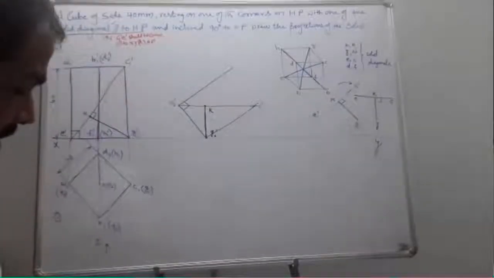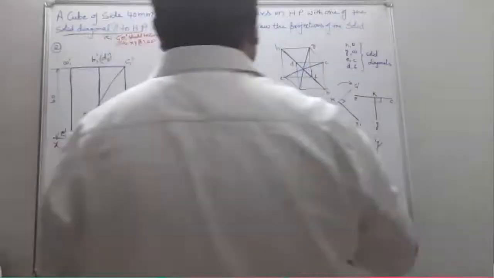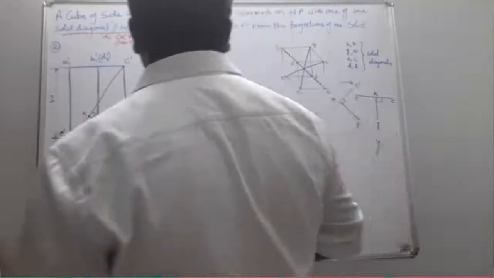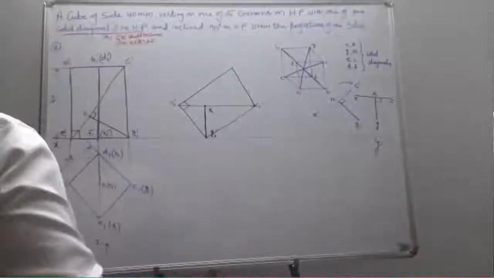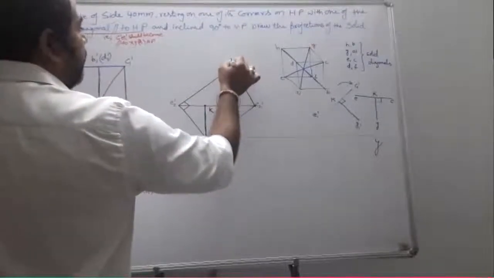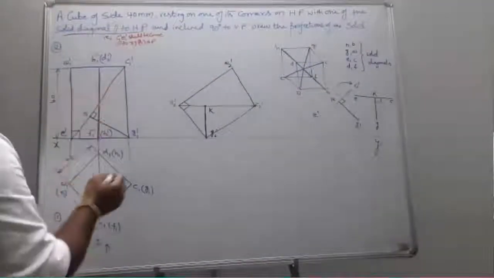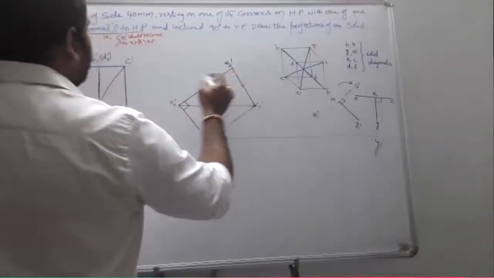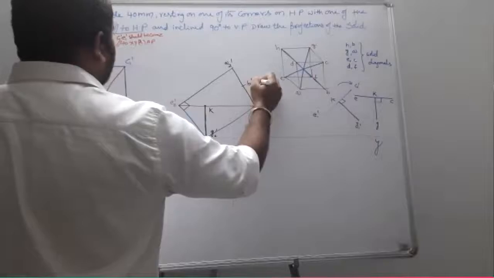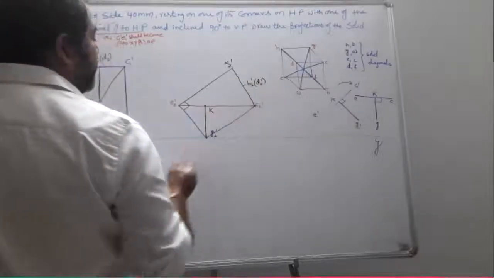It should become a straight line. Okay? So this becomes A2 dash. Now mark the center. So this becomes A dash B dash as radius. This becomes D2 dash of D2 dash.